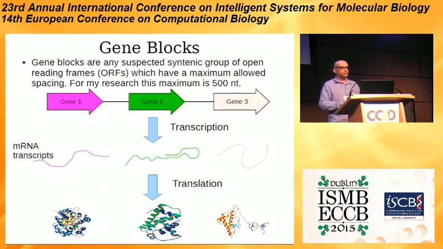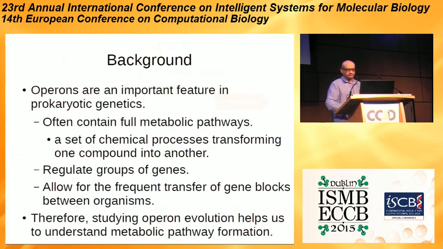Around 700 things start to fall apart because you can already throw in a little gene in the middle. But the idea is they can still be syntenic, meaning you can find them conserved in several other organisms.